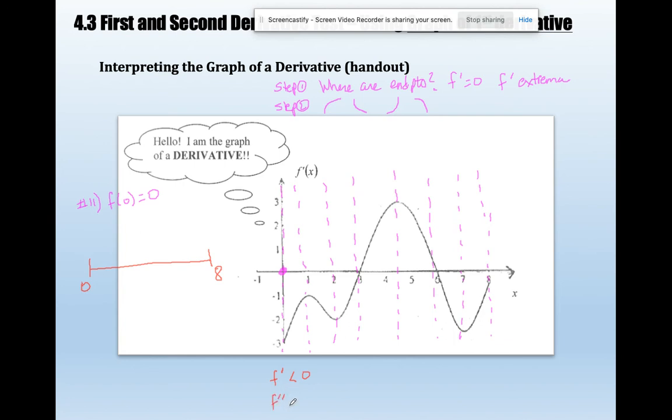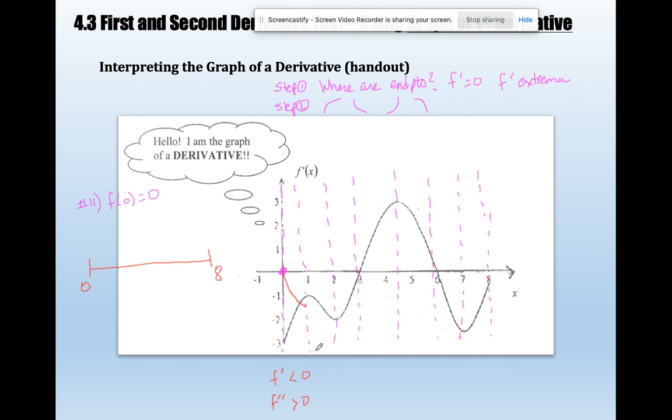F double prime is positive because F prime is increasing. Slopes are positive. So what does that mean? Decreasing, concave up. So from the start, decreasing, concave up. Check.